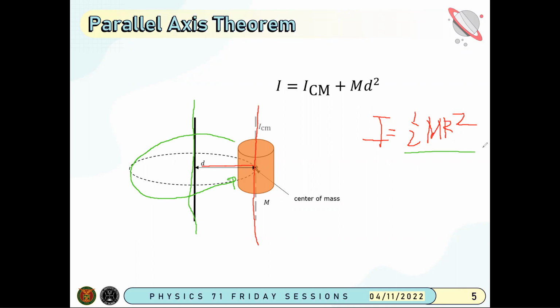What we have to do is to add a term md squared, where m is the mass of that object na na-offset, and d is the distance of the center of mass from the rotational axis.